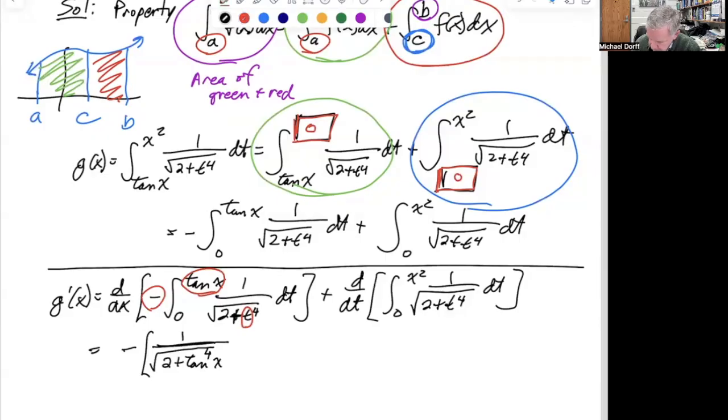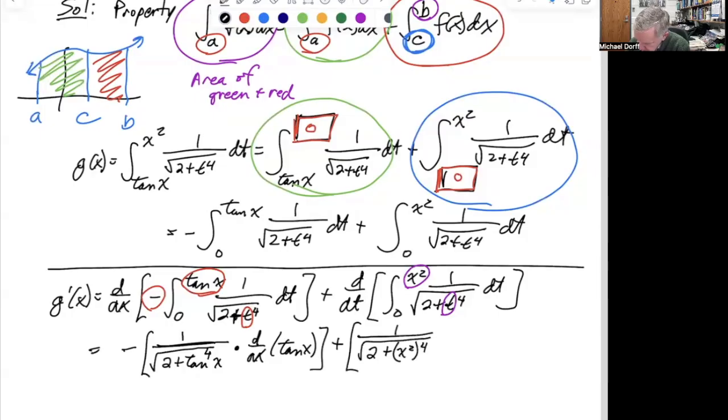Then by the chain rule, I have to take the derivative of tan x. Then plus, for the second one, I'm now going to replace the t with an x squared to get 1 over the square root of 2 plus x squared to the fourth, times, by the chain rule, the derivative of what's in purple, the x squared.